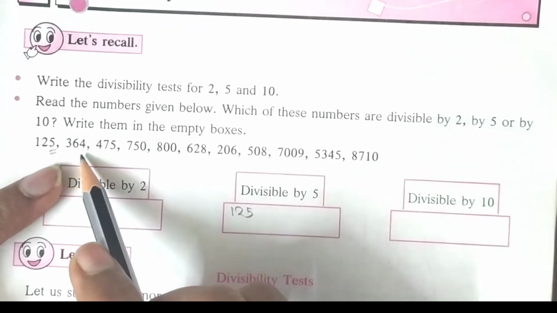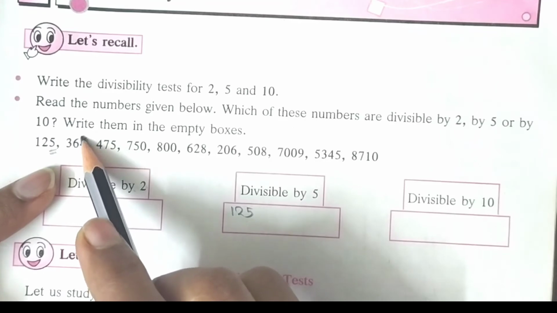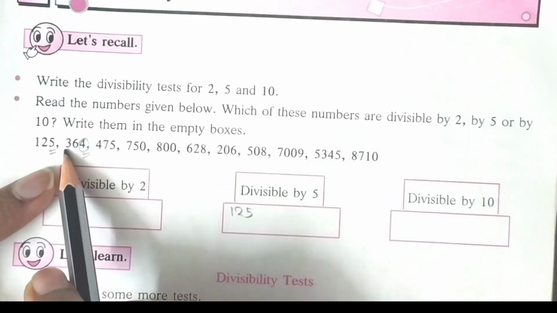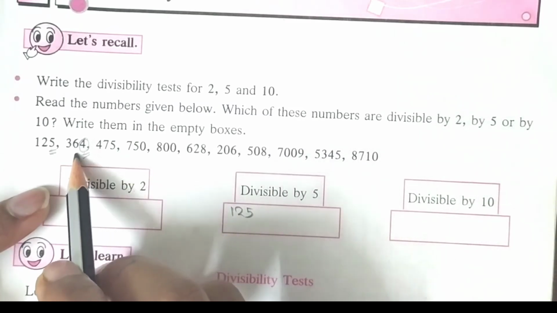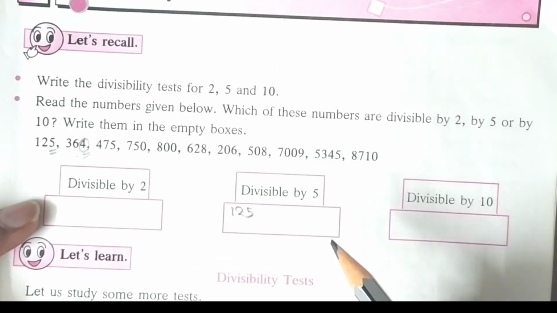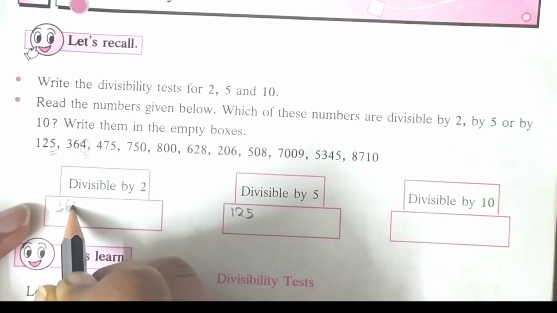Now the next number is 364. Here the unit place is 4. Just look at the unit place and forget all these digits. In the unit place there is 4, and we know that if there is 0, 2, 4, 6 or 8 in the unit place of given number, then it is divisible by 2. So just write here 364.